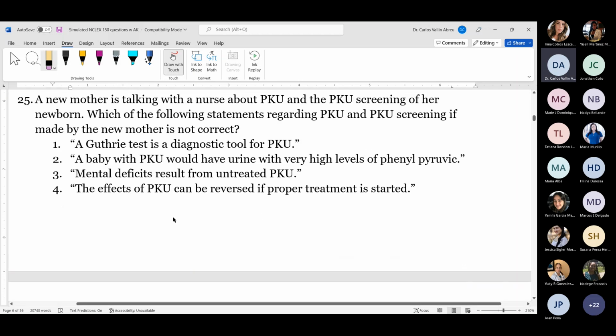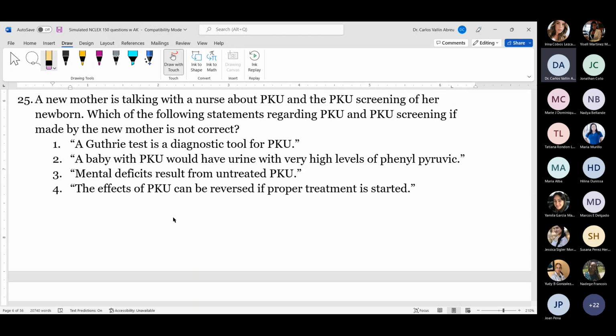Let's see this question. A new mother is talking with a nurse about PKU. PKU is phenylketonuria, a metabolic disease that appears at the moment of birth because it is genetic, hereditary, and produces accumulation of an amino acid that we all have, but we can break down when it's not needed anymore, which is the phenylalanine.